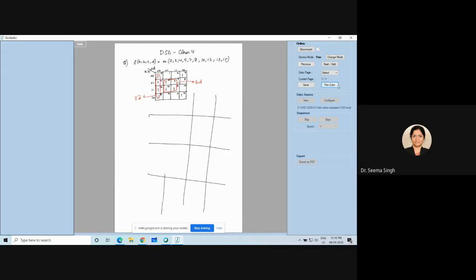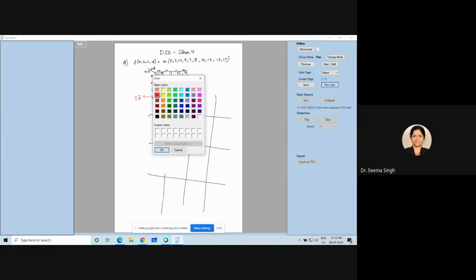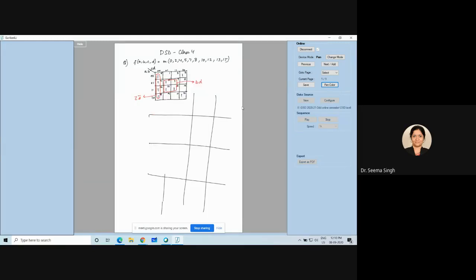So I will show this corner grouping, which is a very important term to be understood. See, the grouping is shown like this.